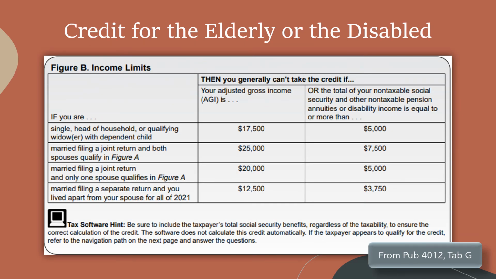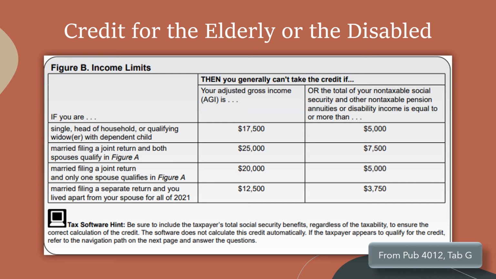And here is our income limits, and as I said, they're pretty low. So if somebody is single, head of household, or qualifying widow or widower with a dependent child, and their adjusted gross income is $17,500 or over, they don't qualify for the credit.